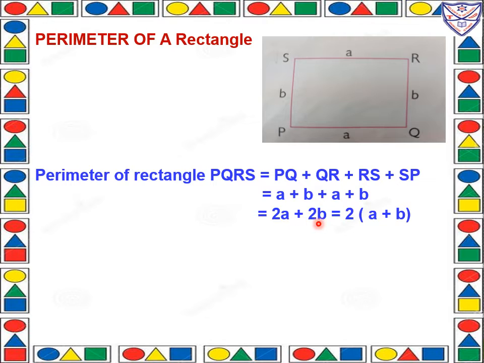Now in 2a plus 2b, we take out 2 as common, so inside we write a plus b. The formula is 2 multiplied by length plus breadth, where a is the length (SR) and b is the breadth (RQ). So the perimeter of a rectangle equals 2 multiplied by length plus breadth.